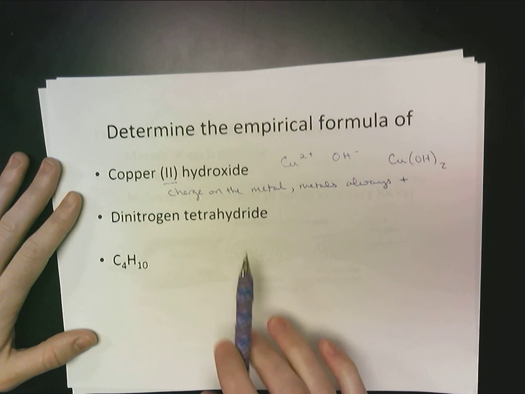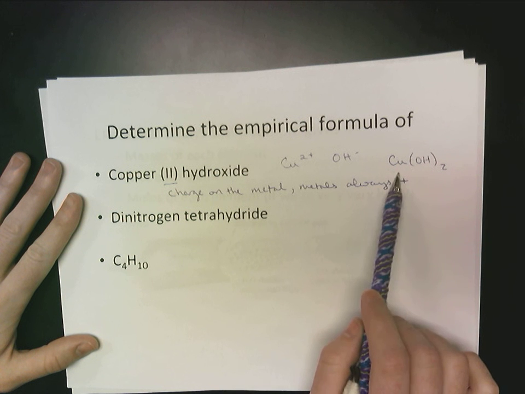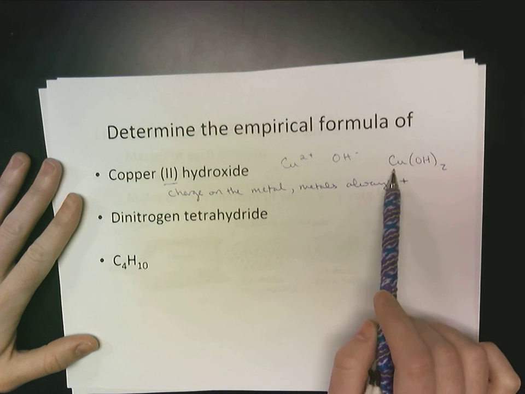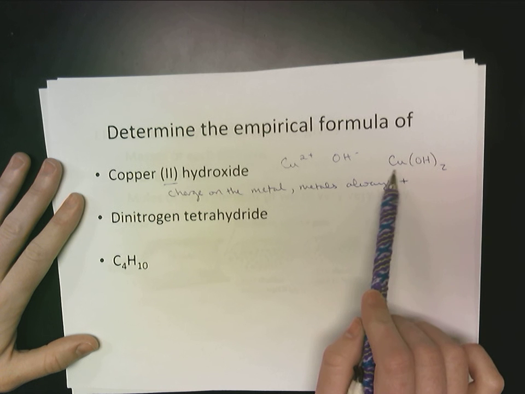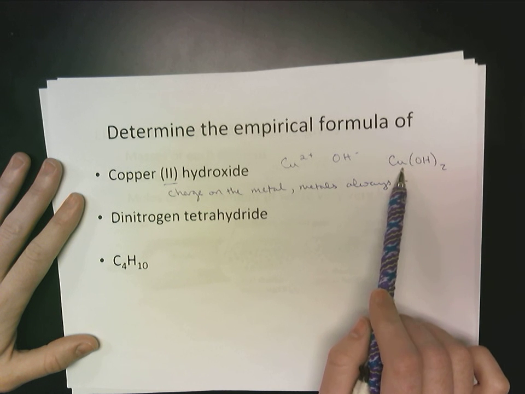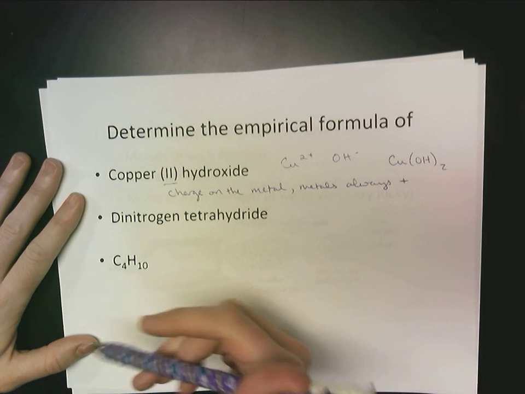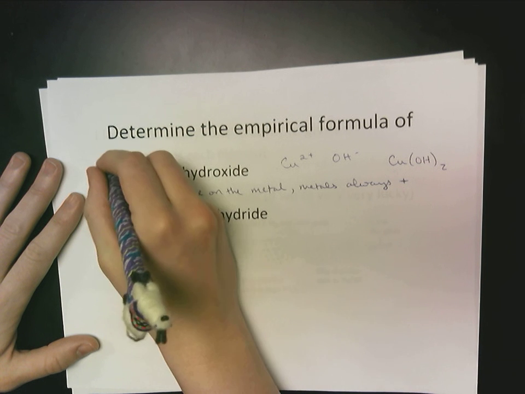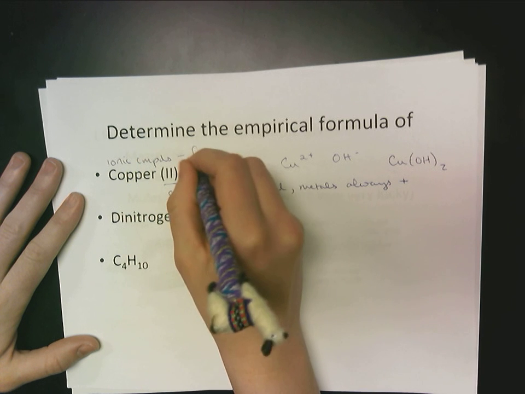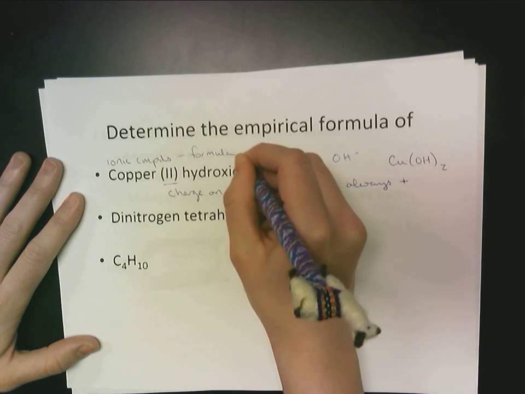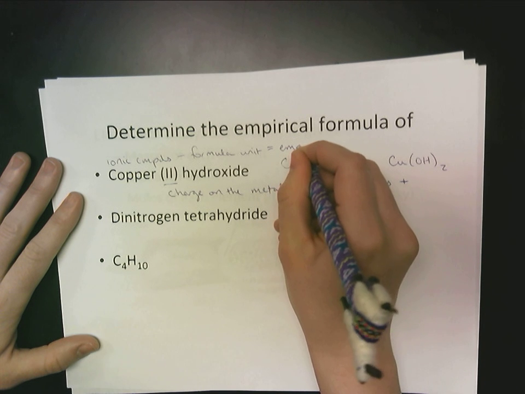So I've determined what the formula of copper 2 hydroxide is. And now I see that the empirical formula and the formula unit of this are exactly the same because I can't reduce this ratio anymore. I've got 1 copper for every 2 oxygens for every 2 hydrogens. This is often the case, actually almost exclusively the case, for ionic compounds. For ionic compounds, their formula unit is 99.9% of the time the same as their empirical formula.